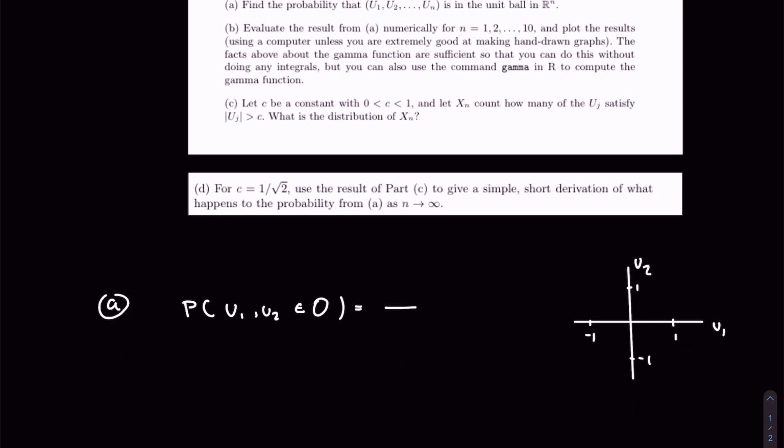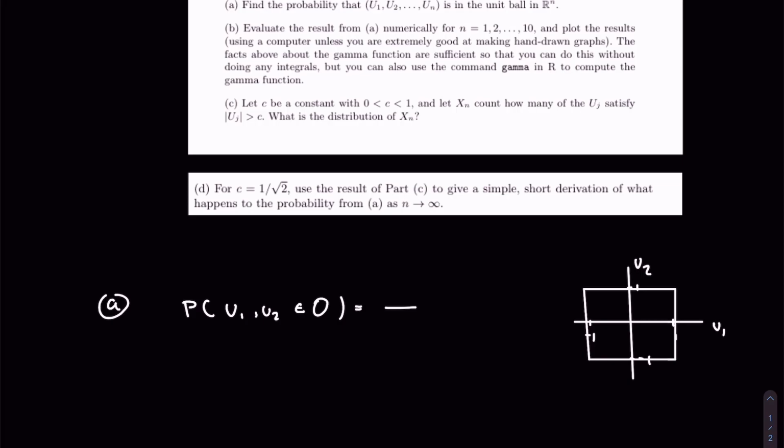So drawing a square here. It's almost a square, but you see what I mean.